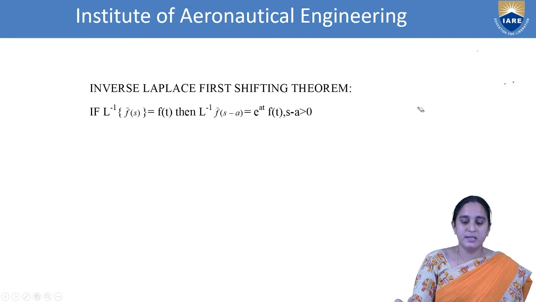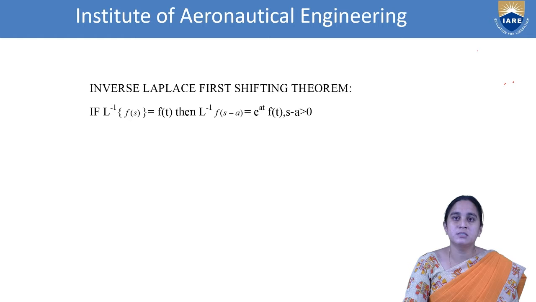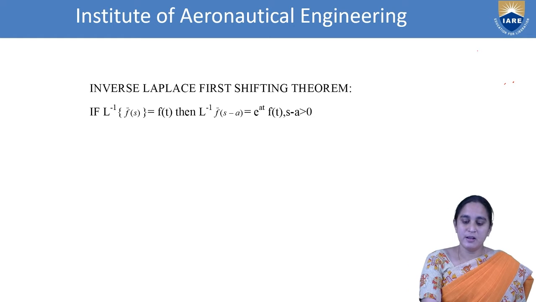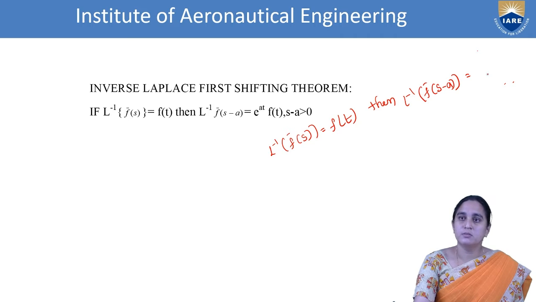Then the first property, the inverse Laplace first shifting theorem. If Laplace inverse of f bar of s is equal to f of t, then Laplace inverse of f bar of s minus a is equal to e power at into f of t.